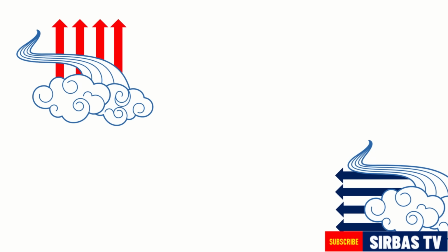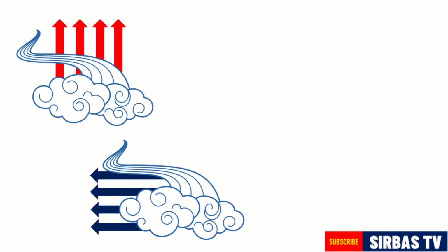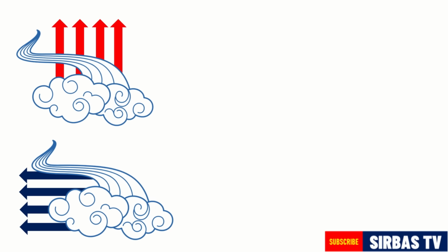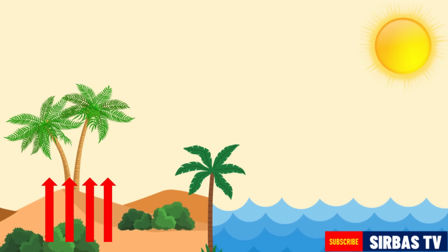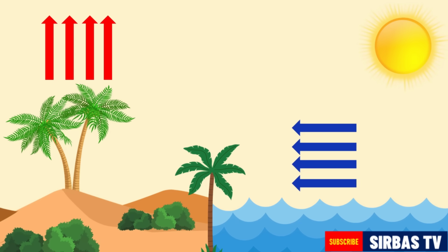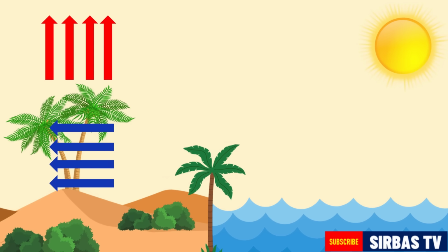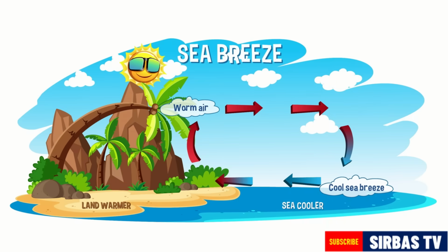Then, the surrounding air, which has a cooler temperature, will move toward the warm air and replace it. In this case, the warm air on the land will rise. Then, the cooler air above the sea will move towards the land and replace the warm air. This is how sea breeze forms. The movement of air is from sea to land.